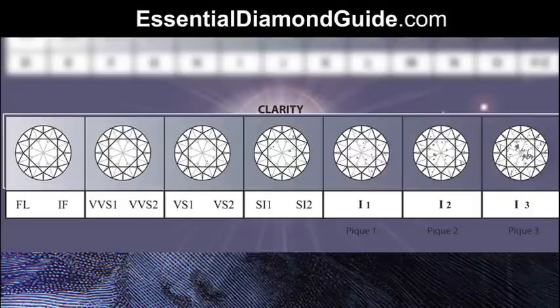So what do these mean? I've already explained the flawless and internally flawless, but VVS is very, very slightly included. VS is very slightly included. SI is slightly included, and I is included.